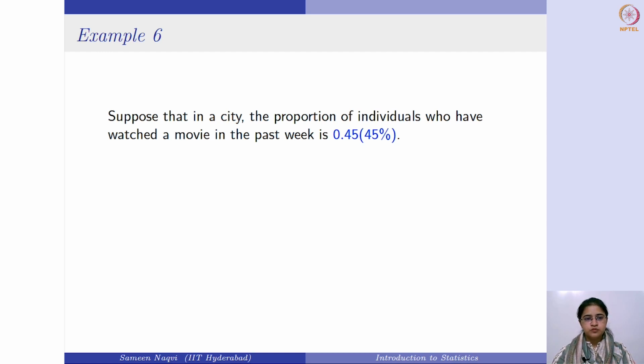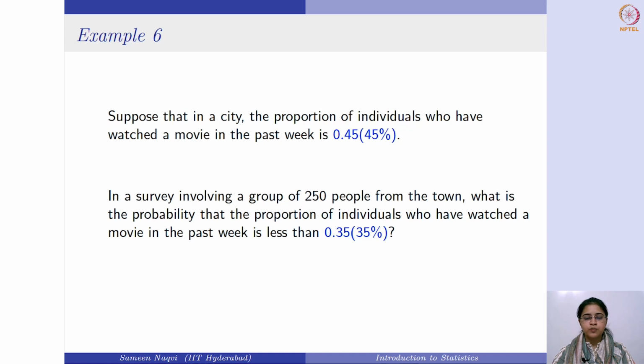In a survey involving a group of 250 people from the town, you have to find the probability that the proportion of individuals who have watched a movie in the past week is less than 0.35. So n is 250. You have to find the probability that this sample proportion, p hat, is less than 0.35, and your population proportion given to you is 0.45. So let us solve this.